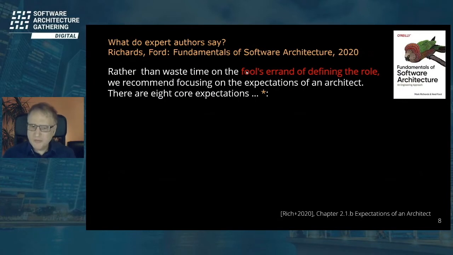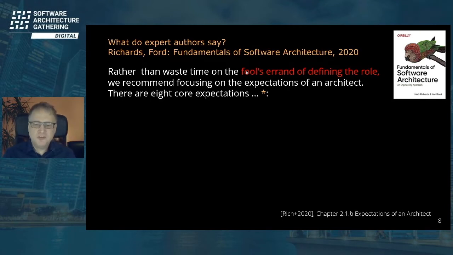So if we come to another book I'm very, very fond of, I really like this new book by Neal Ford and Mark Richards. And yeah, they start out by calling it a fool's errand to define the role of the architect. So basically what they say is, we don't want to talk about the role.